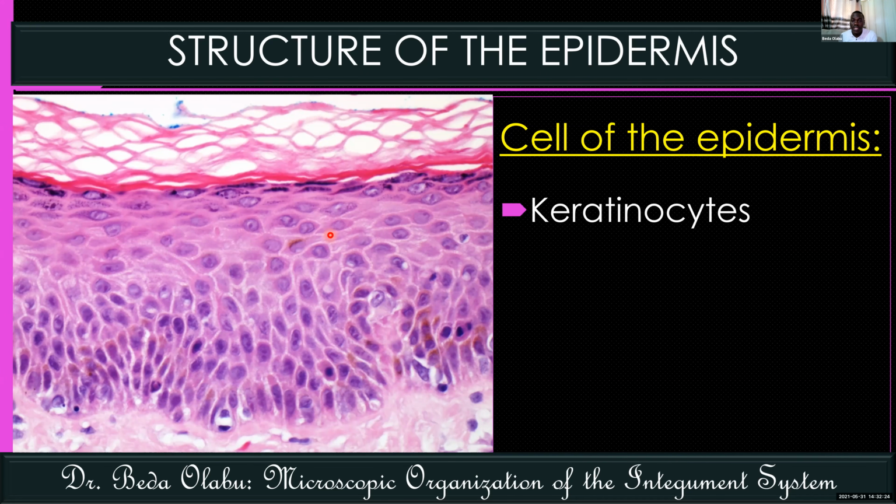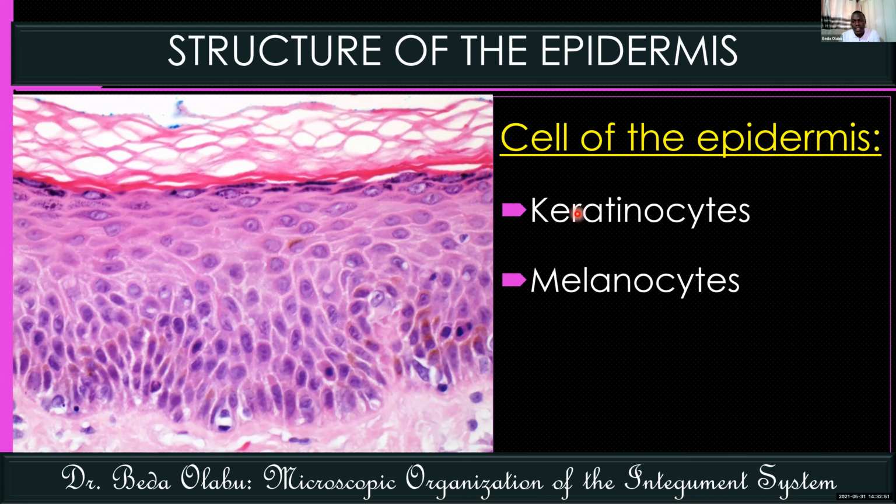These keratohyalin granules are the ones that eventually, when the cell dies, become keratin. So keratin is a cellular material. If you remember from our lecture series on cytology, keratin is an intermediate filament that is found in epithelial tissues.